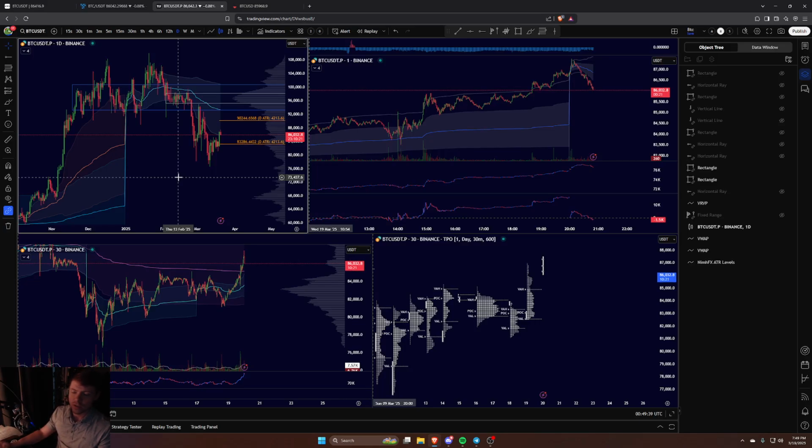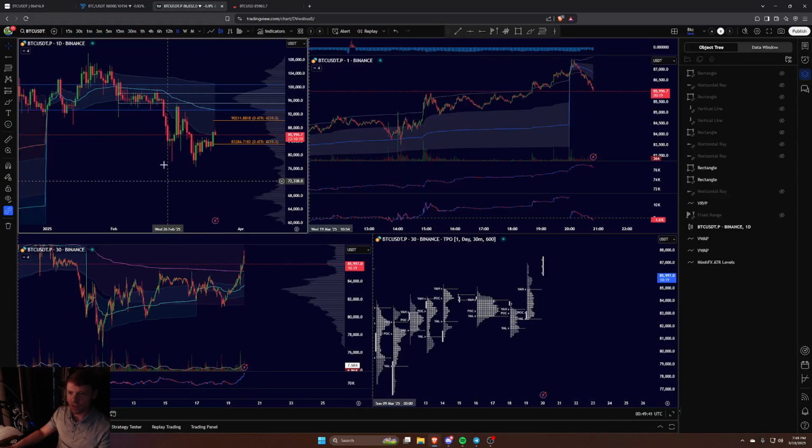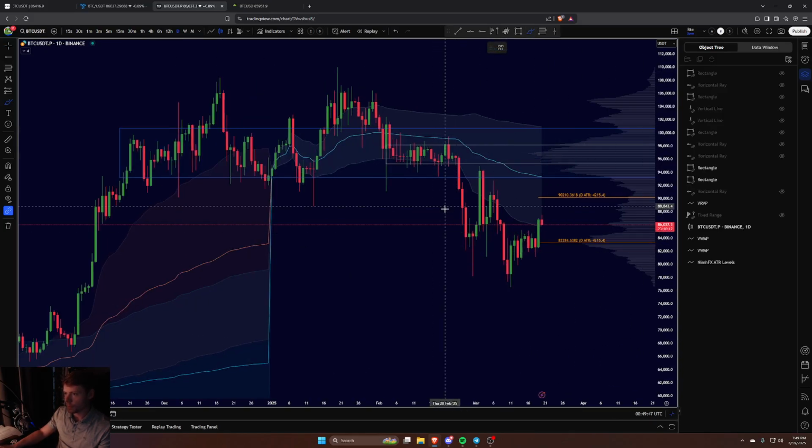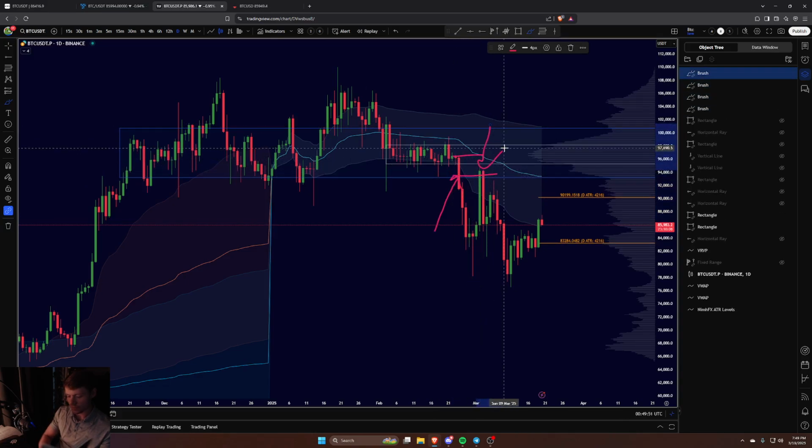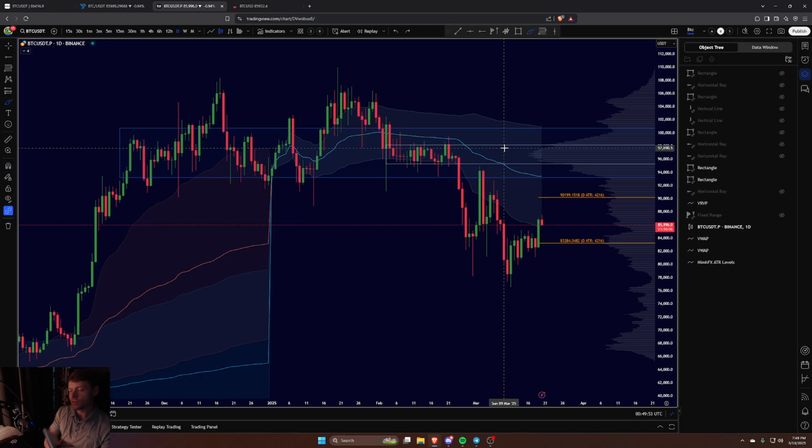It's basically when you get an impulse candle, like here, and it's being defended. So this would be your short here. That's all it is. There's a bunch of videos out there going over them, so I'm not going to go over them here.